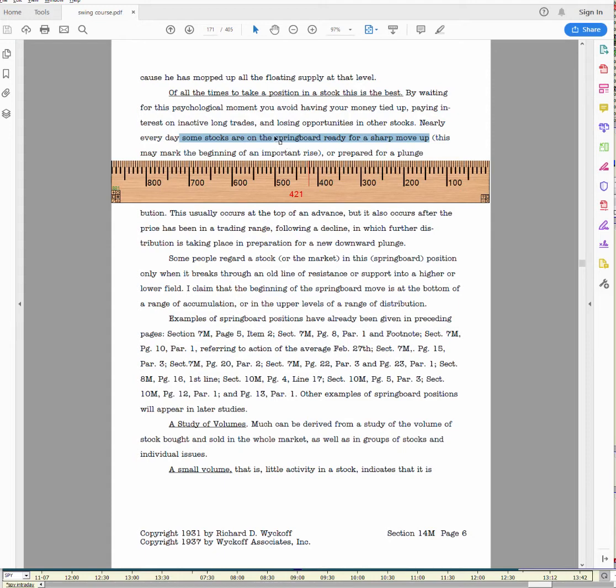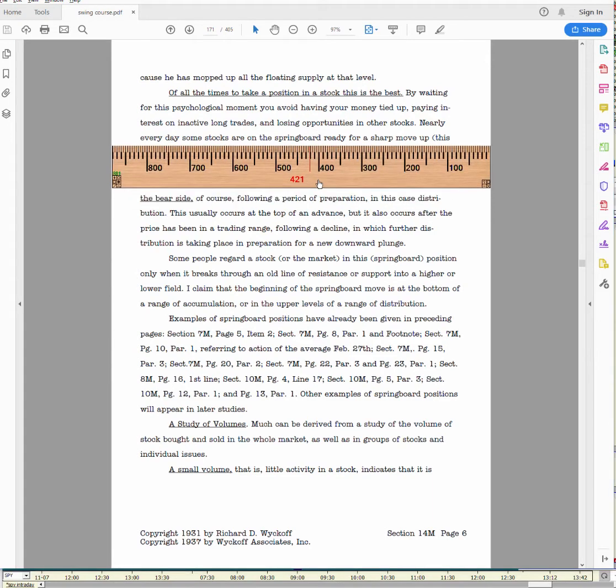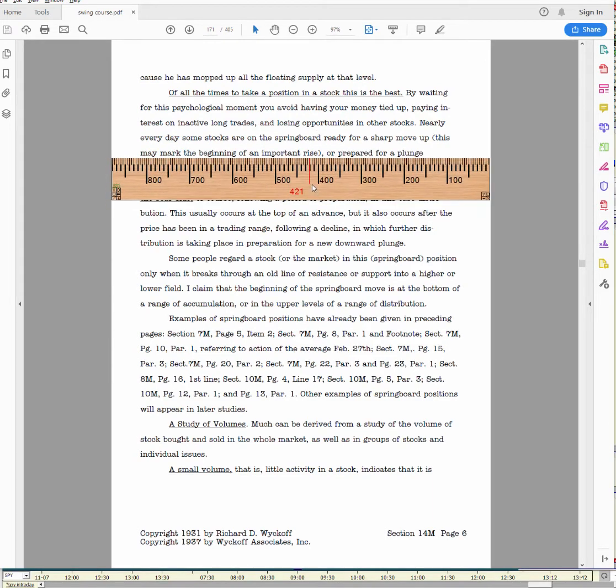Wow. So ideally, if you want to get rich, the idea comes to mind that all I have to do is look for stocks on a springboard every day. If they're there every day, can I trade them every day? But let's be real, to develop that type of ability is really the mark of a great trader, and it would pay handsomely if you're able to identify springboards.